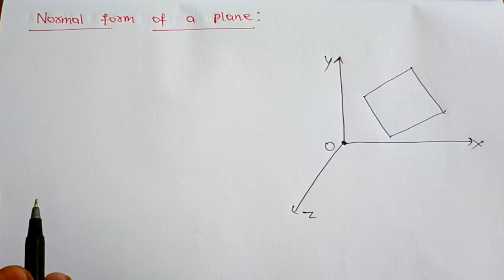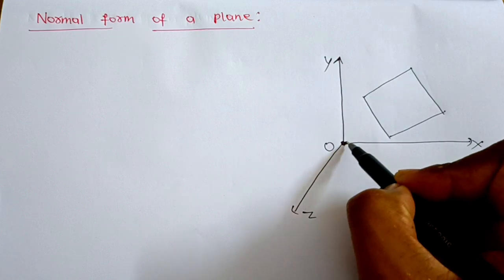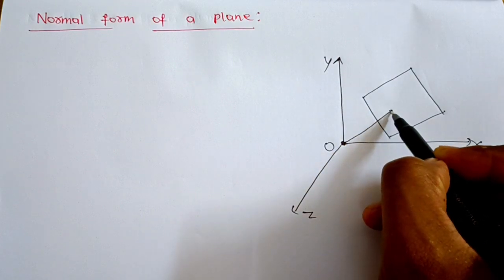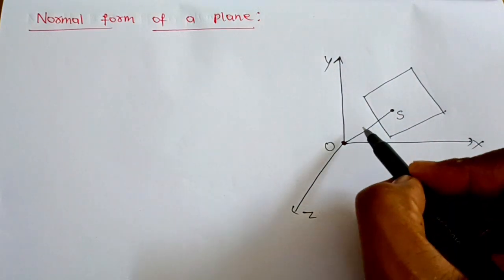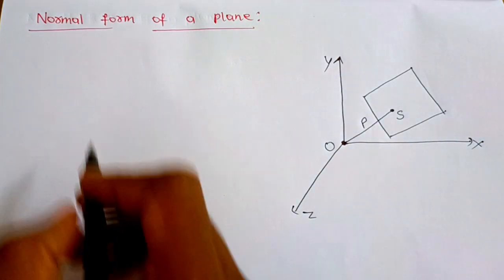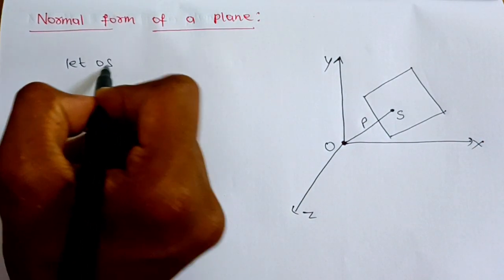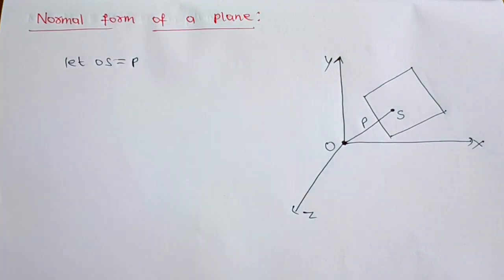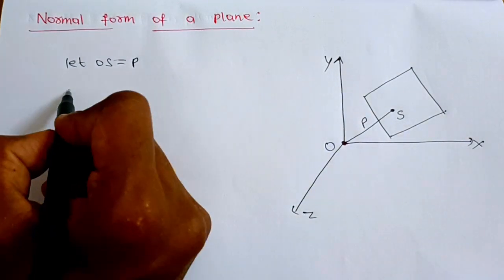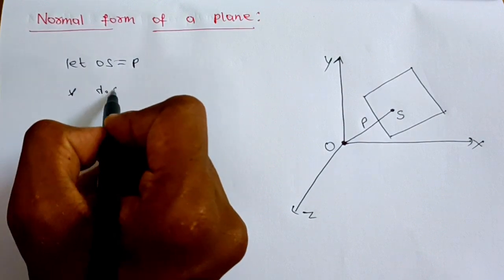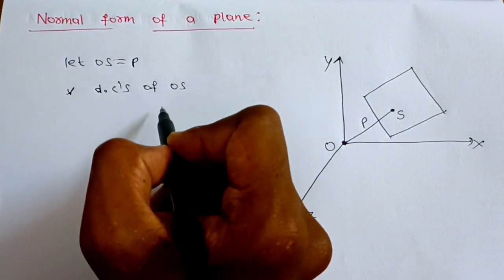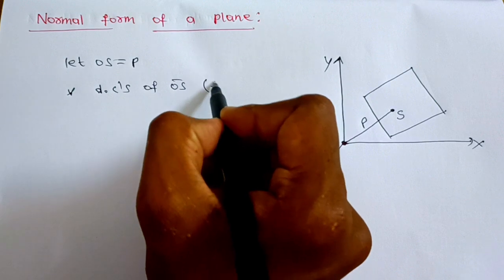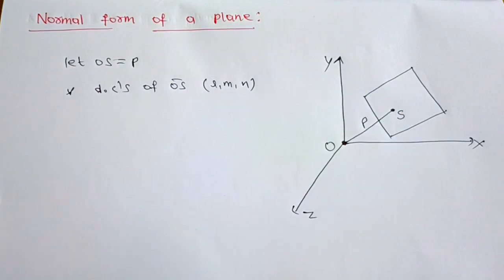So first we have to consider any normal to the plane, for example we can consider some OS, with distance some P. Let OS equal P, and the direction cosines, that is DCs, of OS we can consider as some l, m, n.